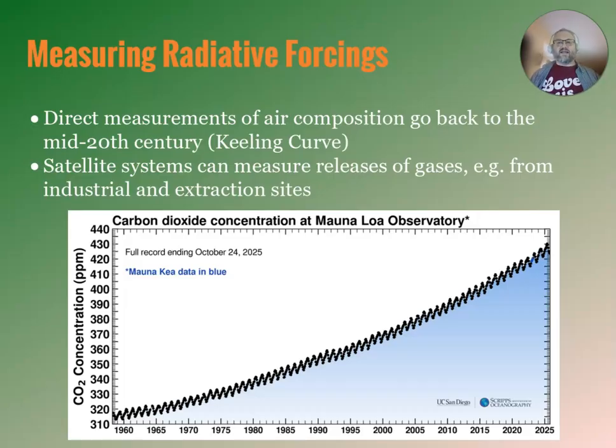And they've continued to be taken on a daily basis since the 1950s, when Keeling started to compile this record. You'll be looking at a short video that shows you the actual process that they use to continue to make these observations. And it's significant that these observations are being made at Mauna Loa Observatory.